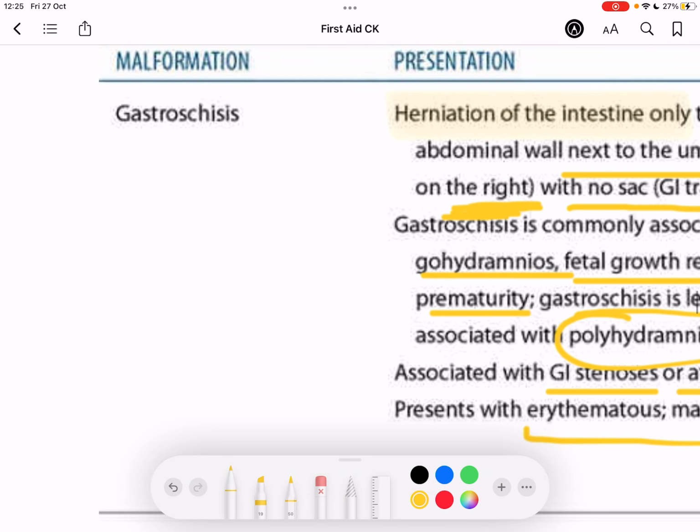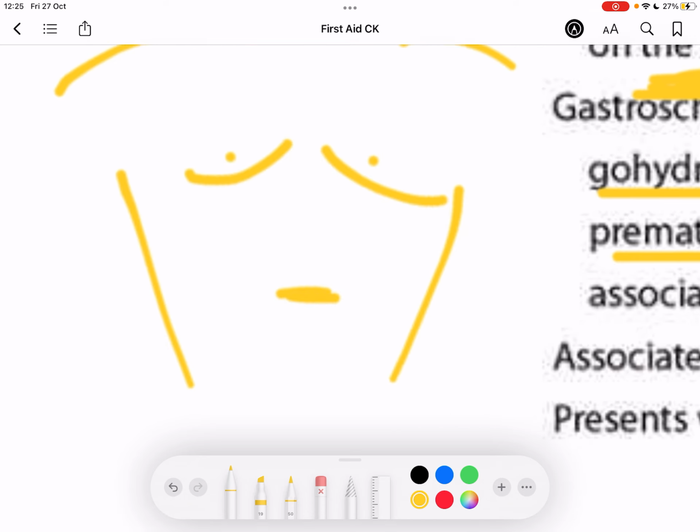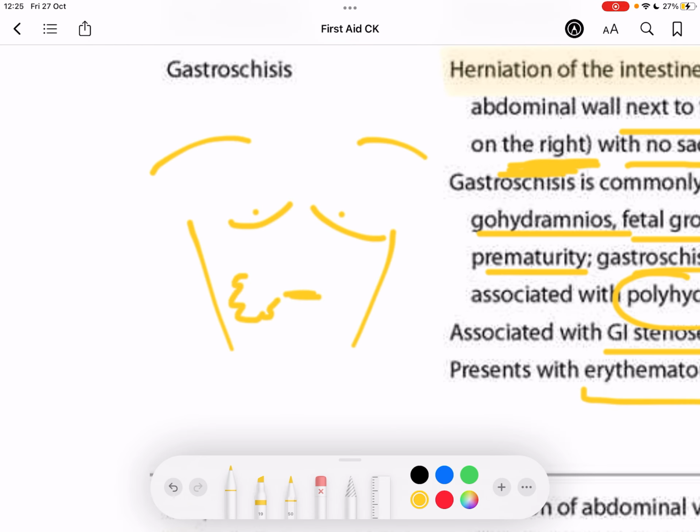So for example, if this is the chest of the neonate, these are the nipples, this is the umbilicus, usually you're going to be seeing the herniated bowels out of the abdominal wall to the right of the umbilicus. And because the amniotic fluid will be completely exposing this specific intestine, amniotic fluid is toxic to intestines.